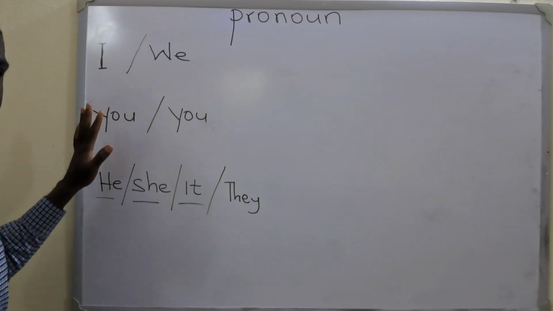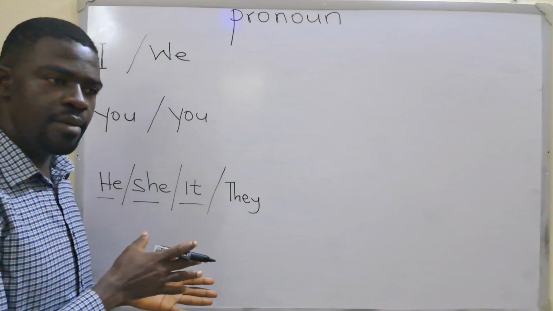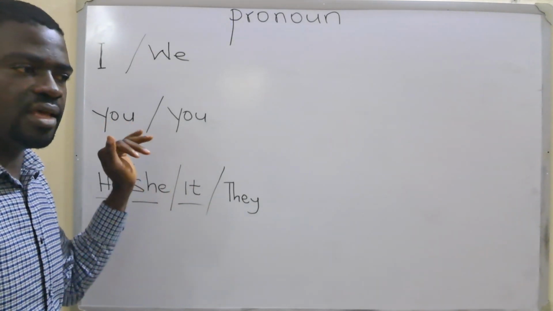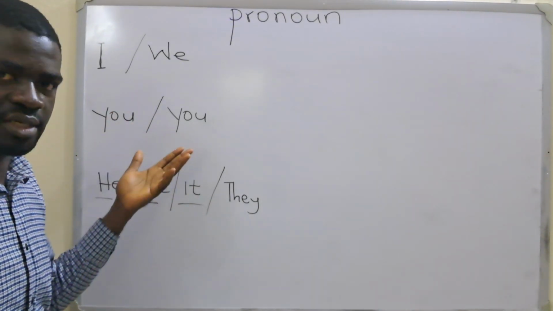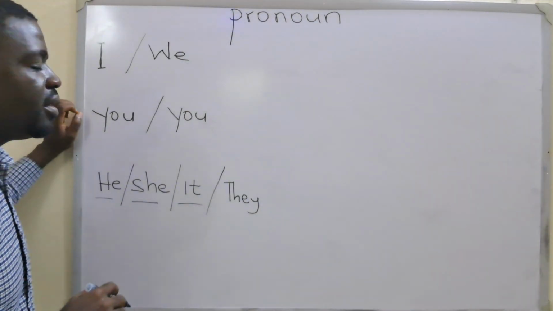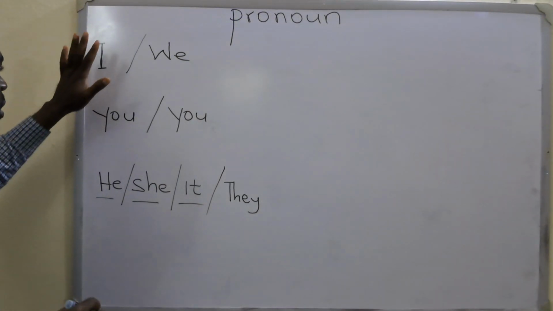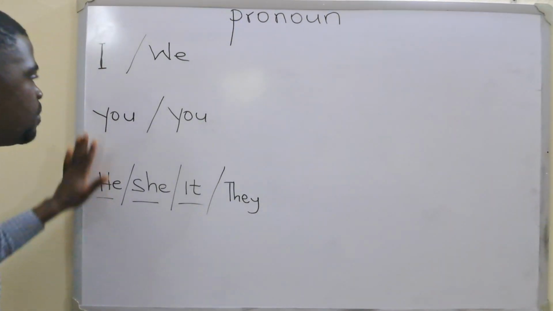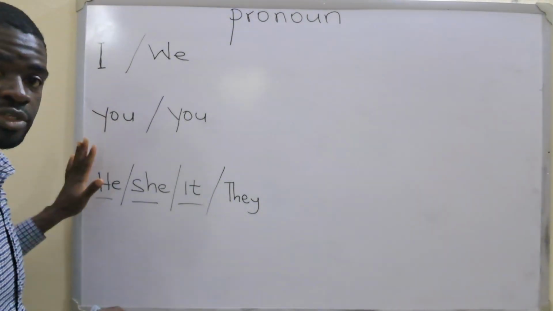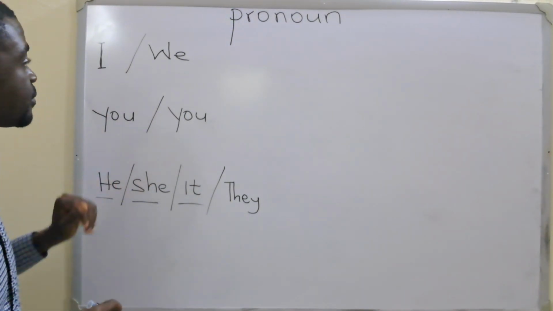I believe you still remember what subject and object is. We discussed that in our previous class where we were discussing nouns. So, if you have your pronoun in the subject position, this is the form these personal pronouns will take if they occur in the subject position of a sentence.